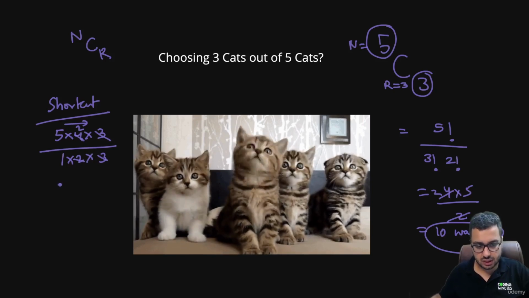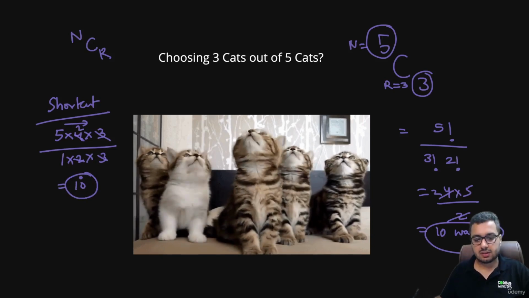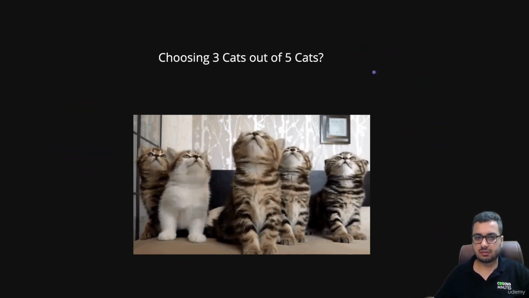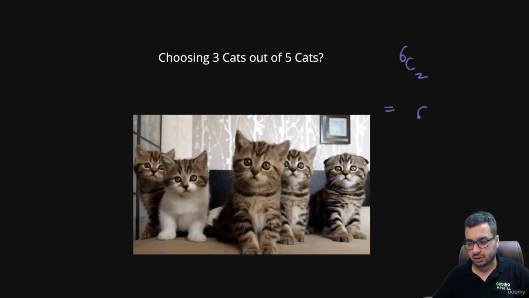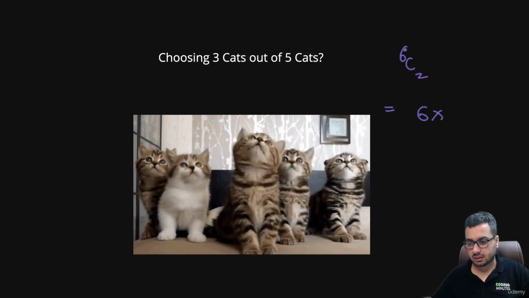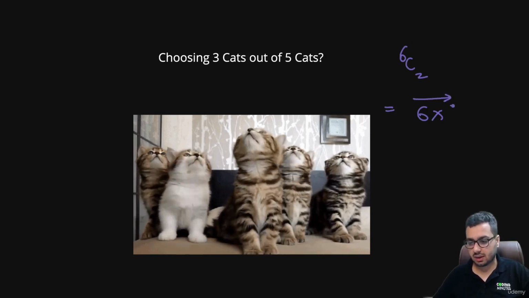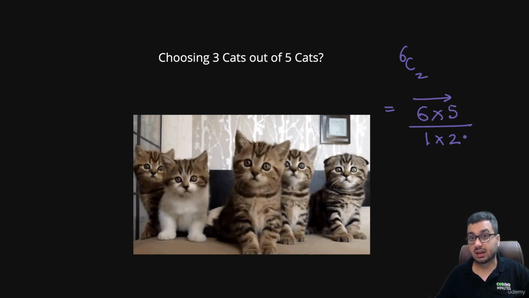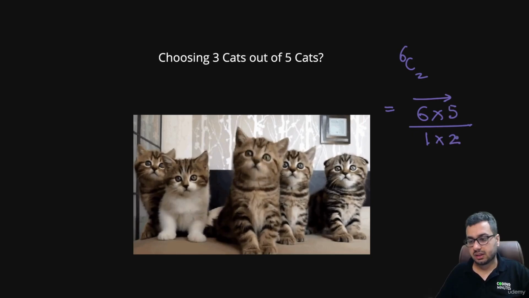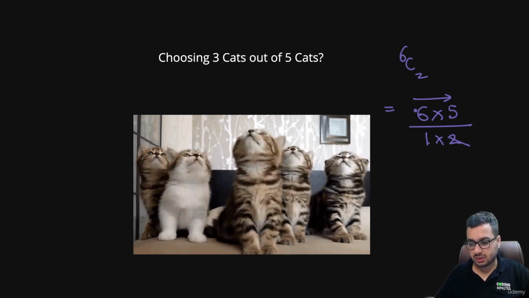This is another way of writing it. Suppose you want to compute 6C2. You write two terms in the numerator starting from 6 in decreasing order, so 6 into 5, and two terms in the denominator starting from 1 in increasing order, so this is nothing but 15.